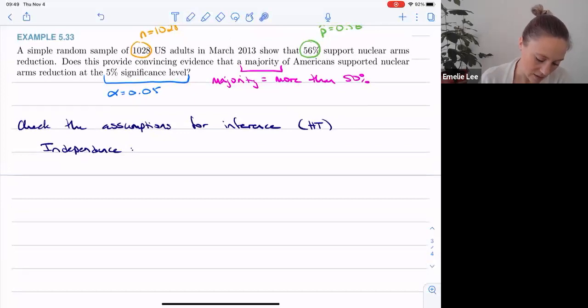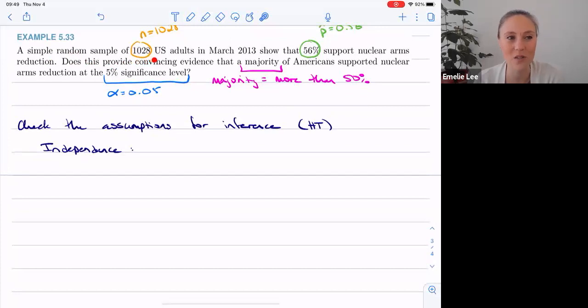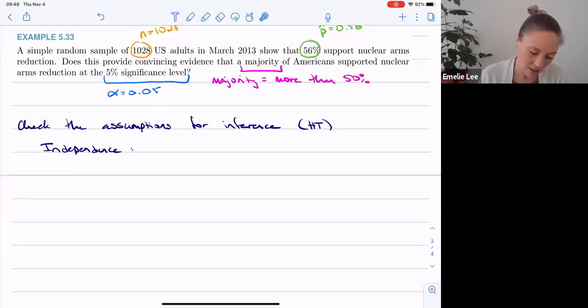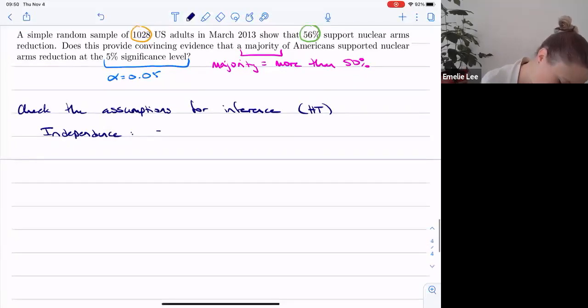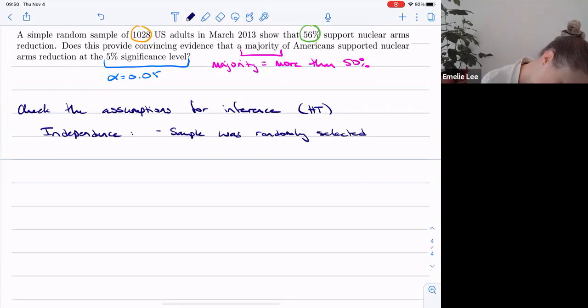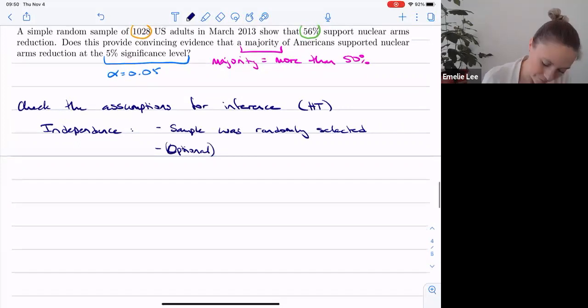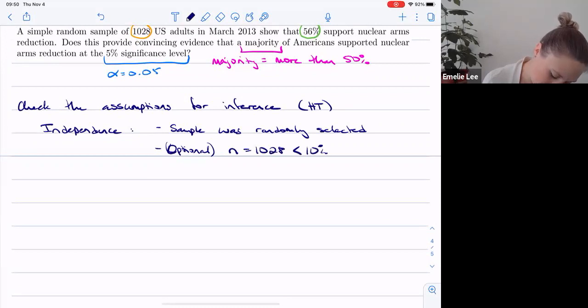But it says that we took a simple random sample of 1,028 US adults, and so we are also comfortable saying that 1,028 is less than 10% of US adults. And so the first thing, right, sample was randomly selected, and optional: N equal to 1,028 is less than 10% of US adults.